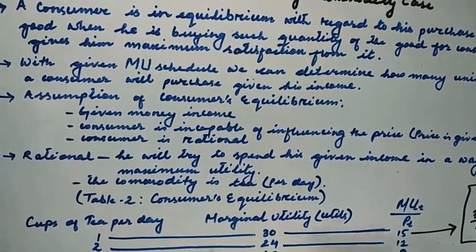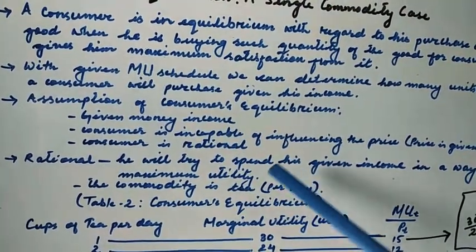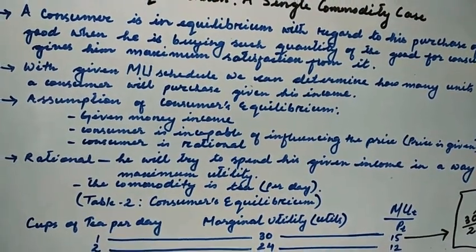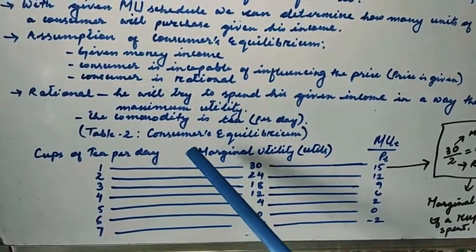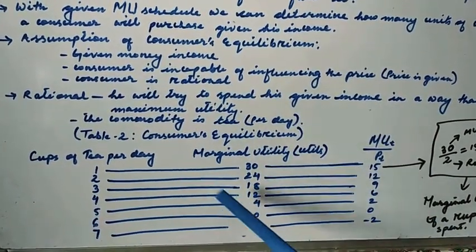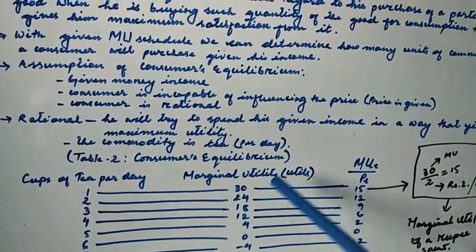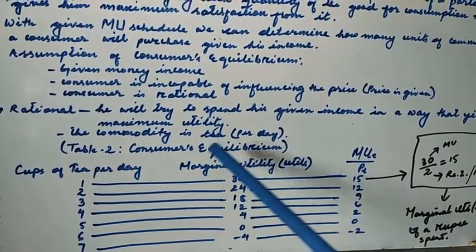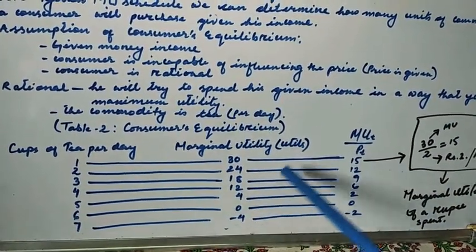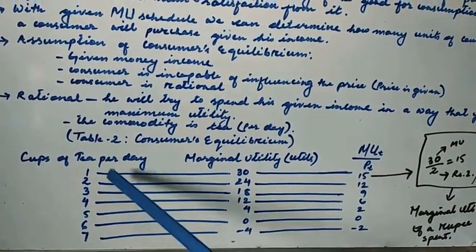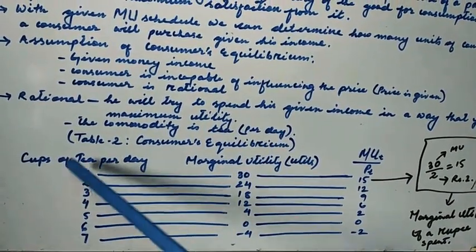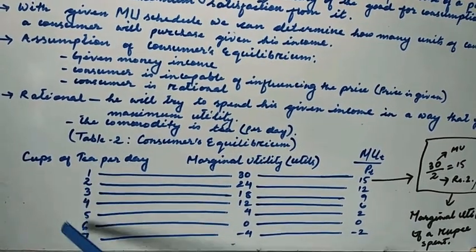So let us assume that the commodity is tea per day that a consumer takes. Table number 2 will help us to better understand the concept of consumer's equilibrium with the help of this schedule. In column number 1, we are indicating the number of cups that a consumer consumes.